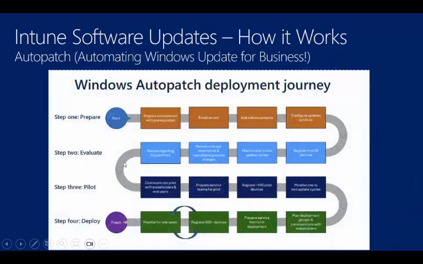And then finally, I'm not going to go into this really because it's not an AutoPatch discussion that we're having, except to say that AutoPatch can ride on top of Windows Update for Business and give you a layer of automation and control that is prescribed onto your environment. Not that you have to take what we give you.